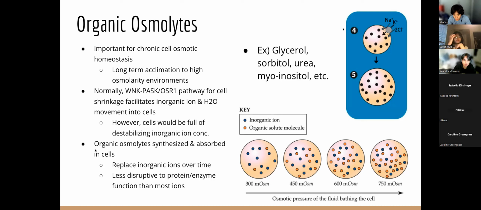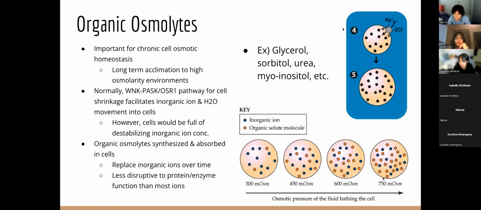How organic osmolytes function is that over time, they'll actually replace these inorganic ions, right? They function in the same way, allowing the cell to have a higher osmolarity, so that it doesn't shrink when it's exposed to really hypertonic environments, so that water doesn't move out.